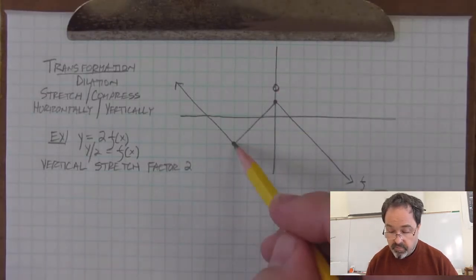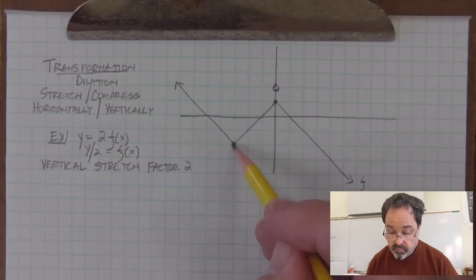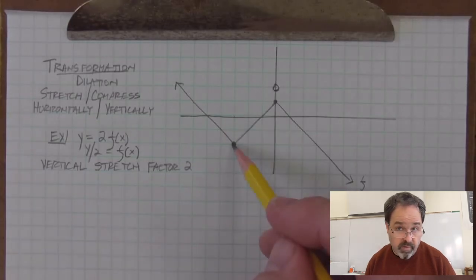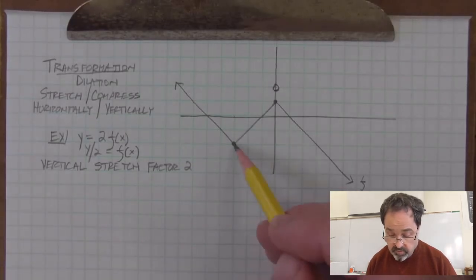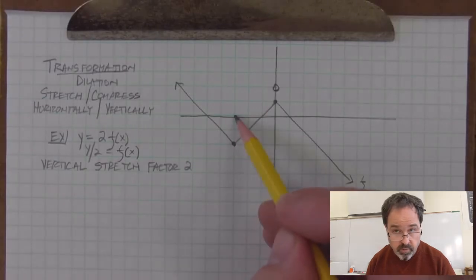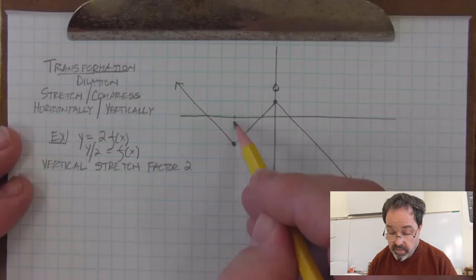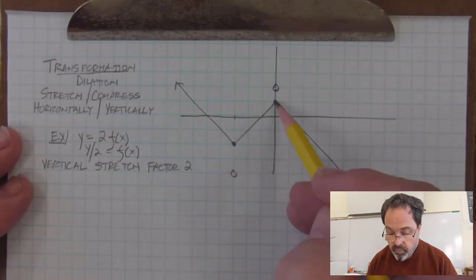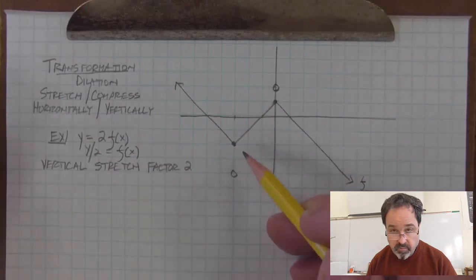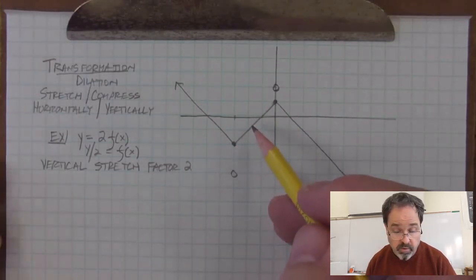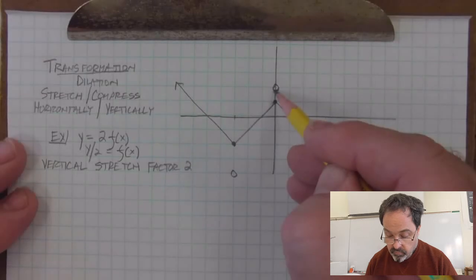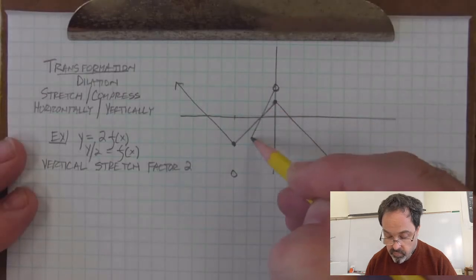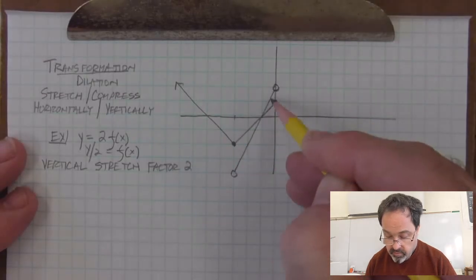This point represents a vertical distance of 2. Its y value is -2. The distance between it and the x-axis is 2. And if we stretch it by a factor of 2, it stretches in the negative direction, but to 4. Every point between these two is going to stretch by a factor of 2. So they're going to stretch out their coordinates, and these 2 points will connect by a straight line.